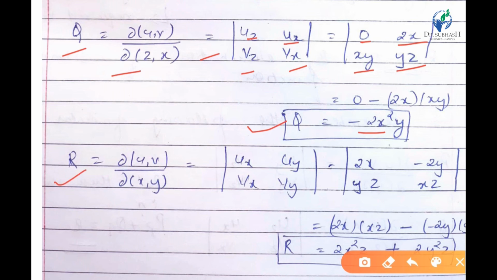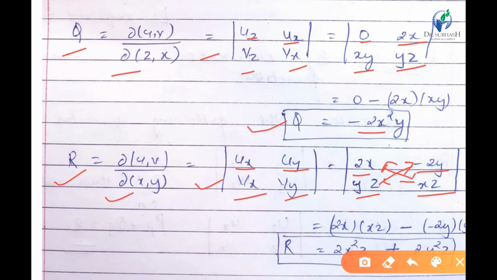In the same way we find the value of capital R. Capital R equal to del(u,v) upon del(x,y), which is equal to the determinant of ux, uy, vx, vy. Now the value of ux is 2x, uy equal to minus 2y, vx equal to yz and vy equal to xz. Now we do cross multiplication, that is, we find the determinant.